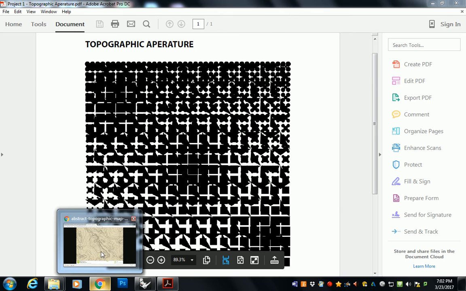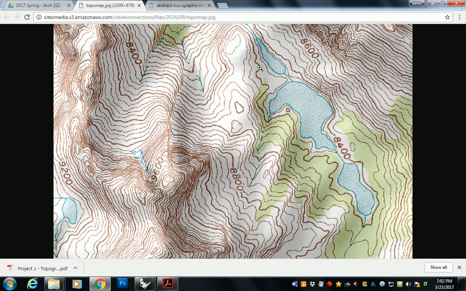So when you look at a topo map, right, this is kind of what you're used to seeing. By now in your studies, all of you have seen this before, right? So you can tell by just reading a topo map, wherever the areas are dense, there's a certain degree of slope that differs from areas that are obviously more sparse or less dense.